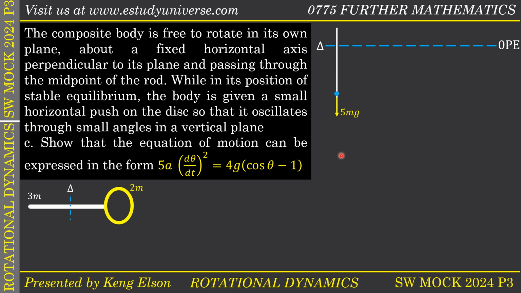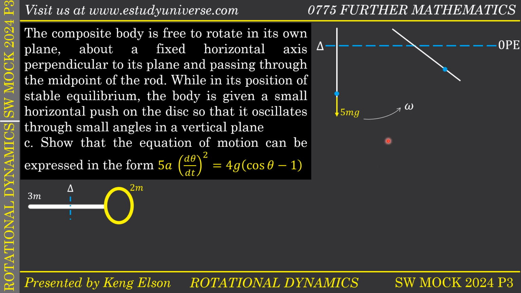Then it was given a horizontal push on the disc. It therefore means that initially the disc was below the axis, because if we push it, it's going to rotate in this direction. Omega here is the angular velocity, that is the change in angular displacement, and the angular displacement is theta.